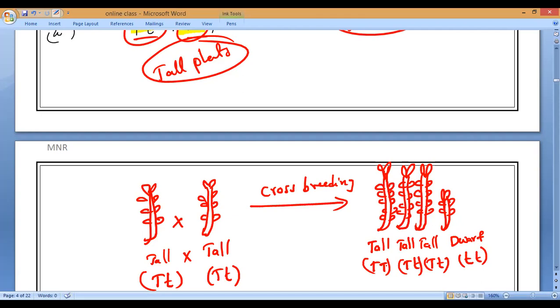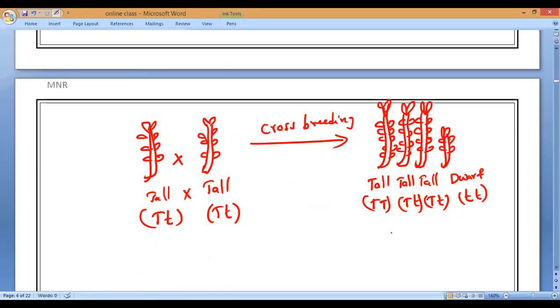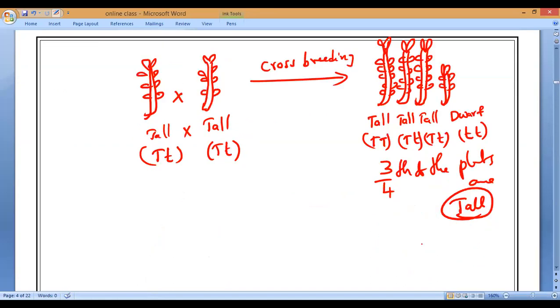Mendel. He noticed that in the F2 generation, three fourths of the plants are tall plants, and one fourth is a dwarf plant.